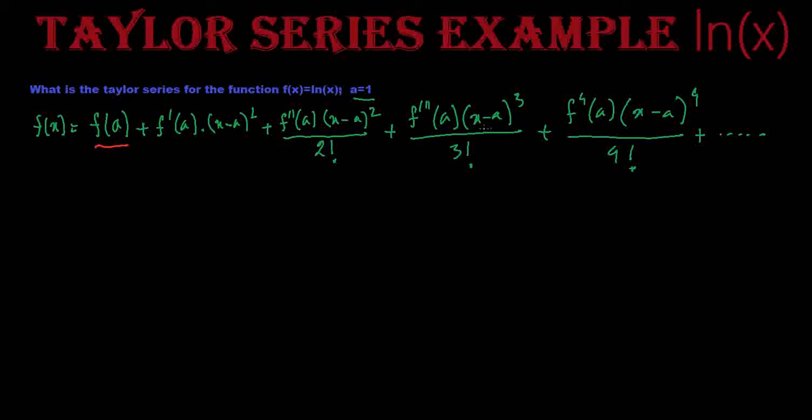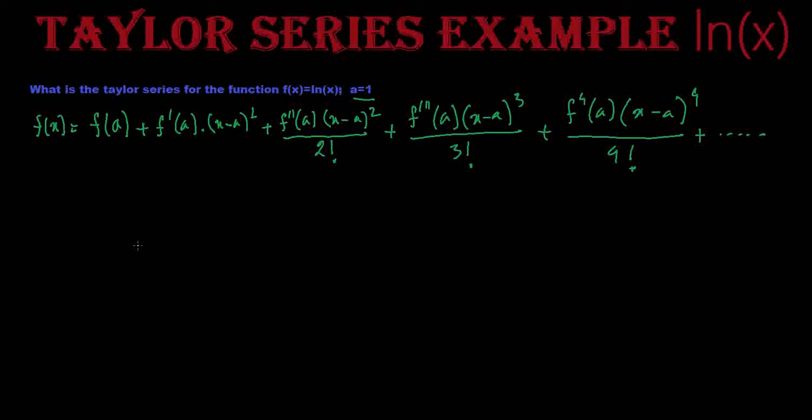So we can clearly see the pattern here. It is 1 1 divided by 1, 2 2 divided by 2 factorial, 3 3 divided by 3 factorial, 4 4 divided by 4 factorial, and so on. So this is an easy way to memorize the formula for the Taylor series.